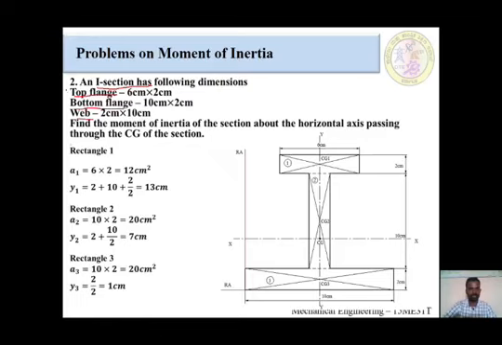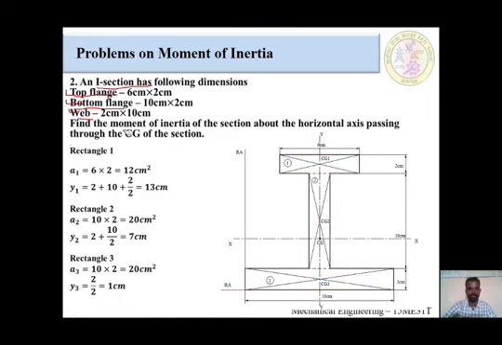Firstly, I will tell you what the top flange, bottom flange and web are. This one is the top flange, this is the bottom flange, and the part connecting the two flanges is called the web. I think you understood very well.